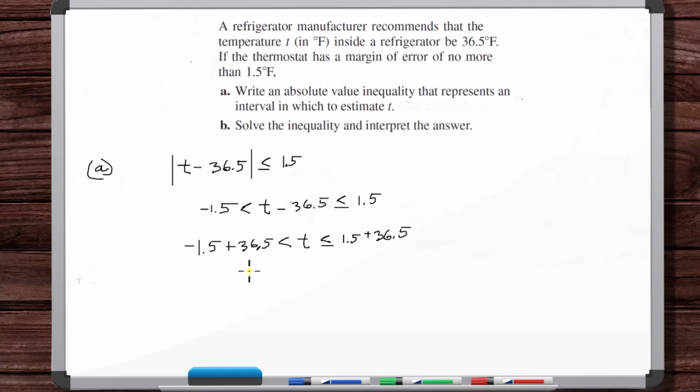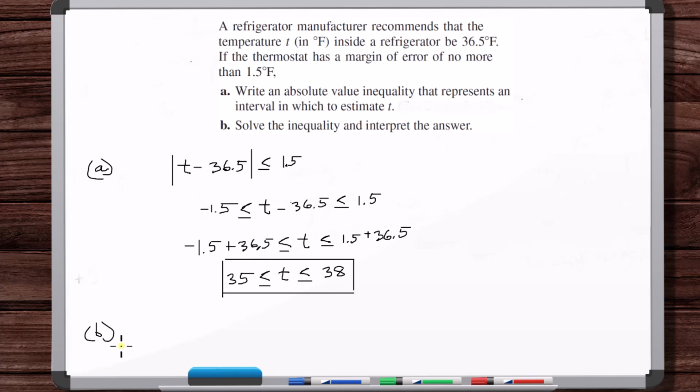So we've got 35 is less than or equal to T, which is less than or equal to 38. Okay, so there we go, and that's degrees Fahrenheit.